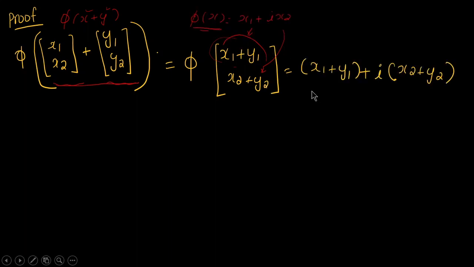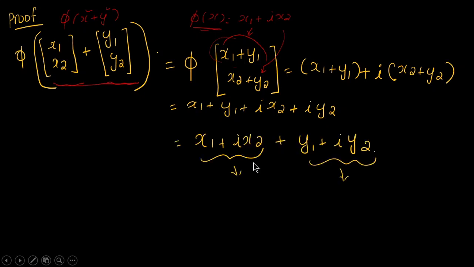So we get x1 plus y1, that is the first part, plus i into x2 plus y2. Then remove the brackets. We get x1 plus y1 plus i x2 plus i y2. Then combine the x terms and the y terms. So we'll get x1 plus i x2 plus y1 plus i y2.